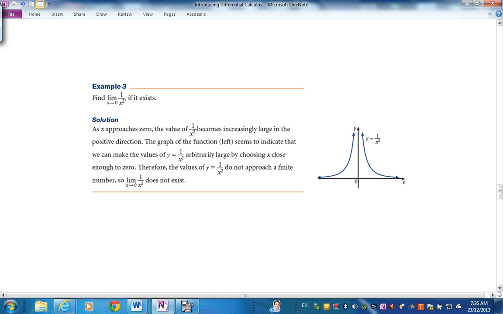Find the limit as x tends to 0 of 1 on x squared, if it exists. Well, let's have a look at what happens graphically here. If we put in 1 on x squared and x is getting smaller, it has got a, what? Vertical asymptote, hasn't it? An asymptote is a line that the graph approaches in a region.